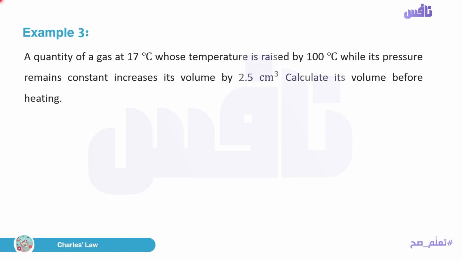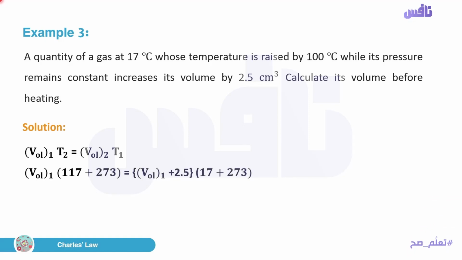So V1 T2 equals V2 T1, or V1 over T1 equals V2 over T2. By substitution, V1 multiplied by 17 plus 100. Here we said raised by, so we must add. But if it were decreased by, we must subtract.